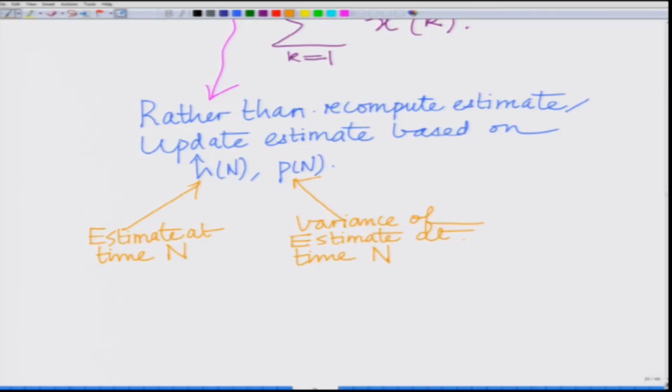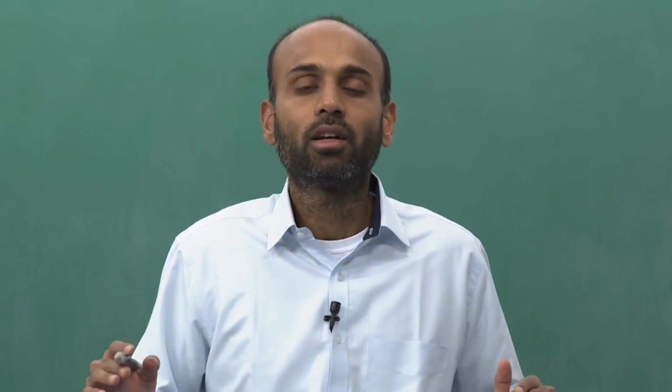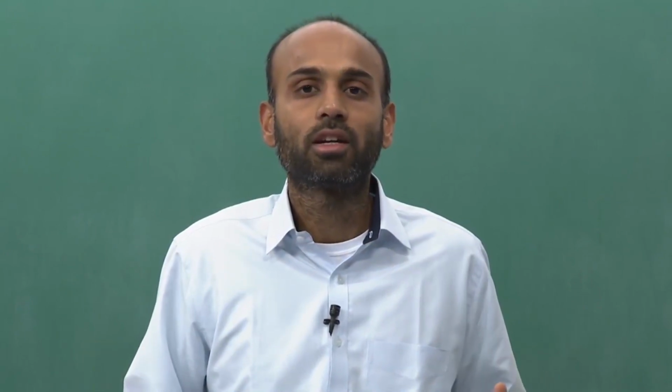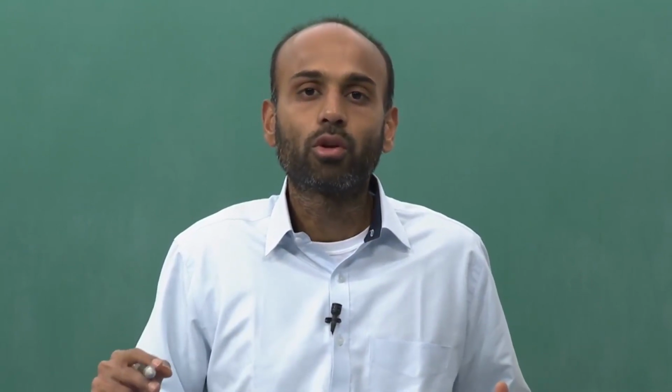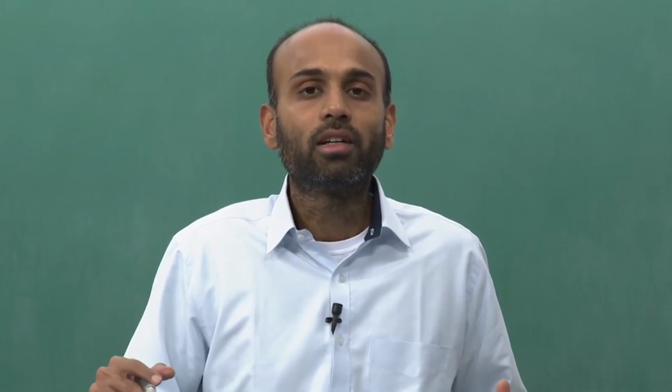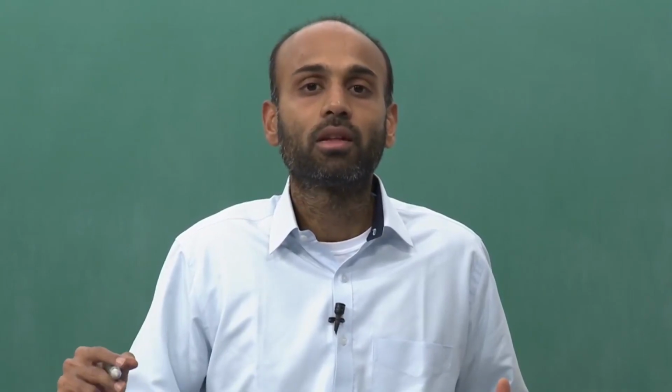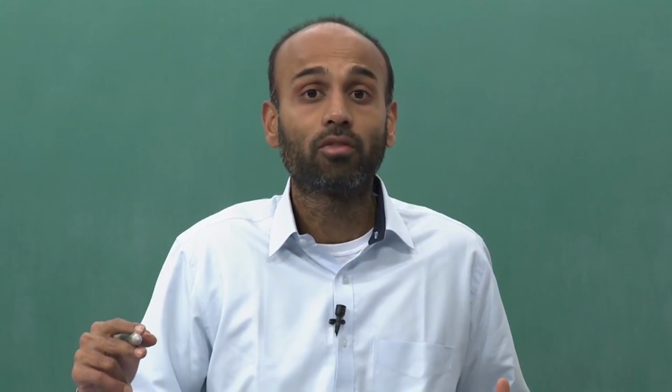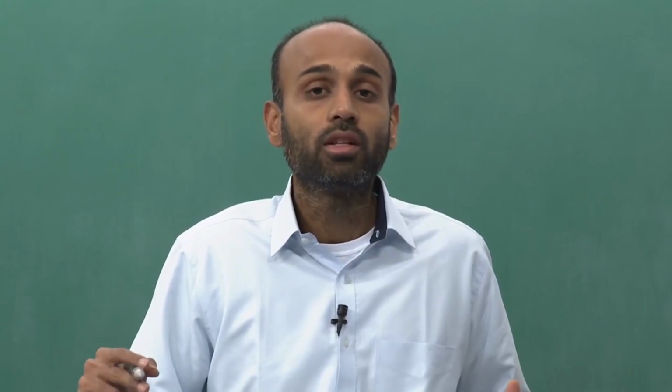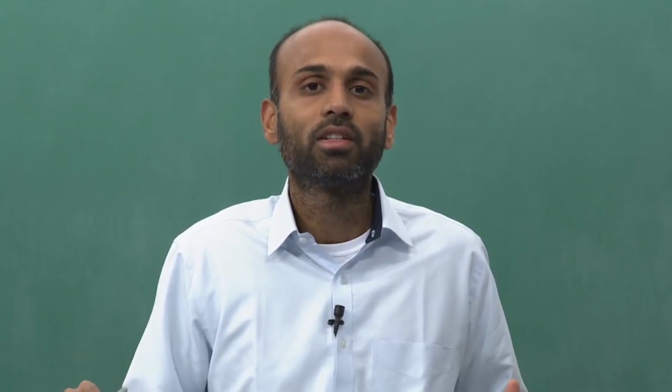So, what we have computed is the straightforward estimate, which is basically recomputing the entire estimate at time instant n plus 1, but that is not what we want to do. We want to intelligently update the previous estimate, that is, h hat of n at time instant n, using the variance P of n at time instant n.